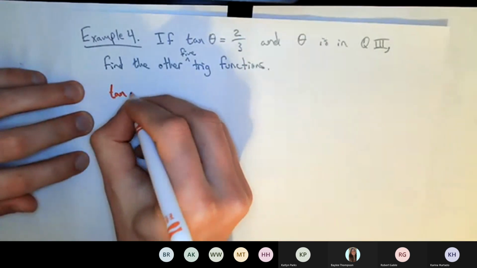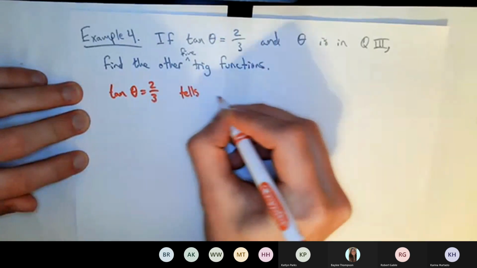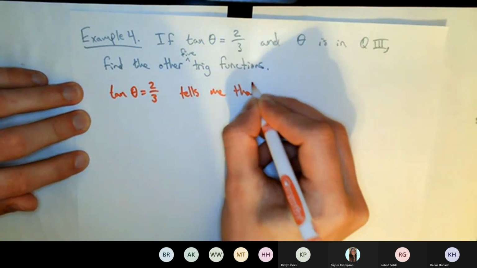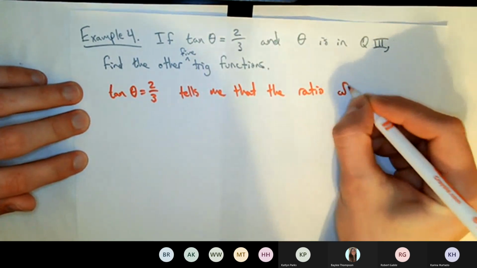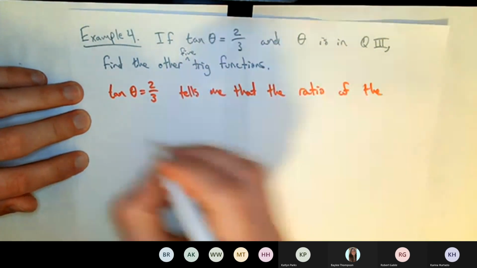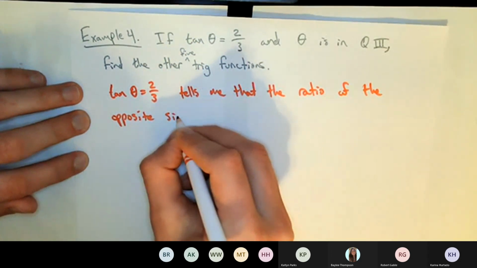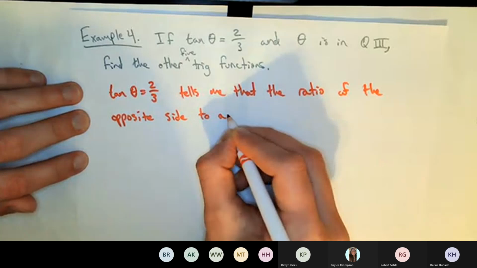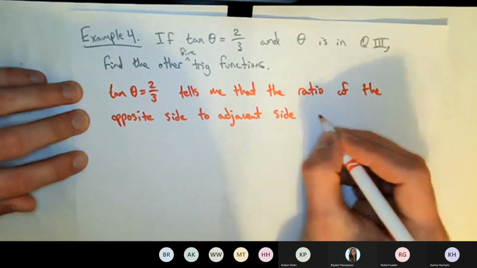What does this tell me? Tangent of theta equals 2/3 tells me that the ratio of the opposite side to adjacent side is 2/3.